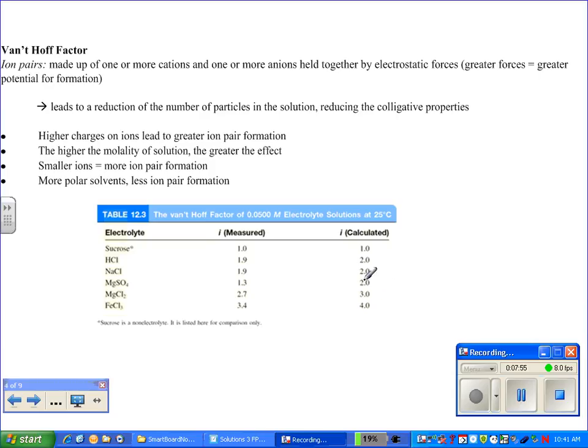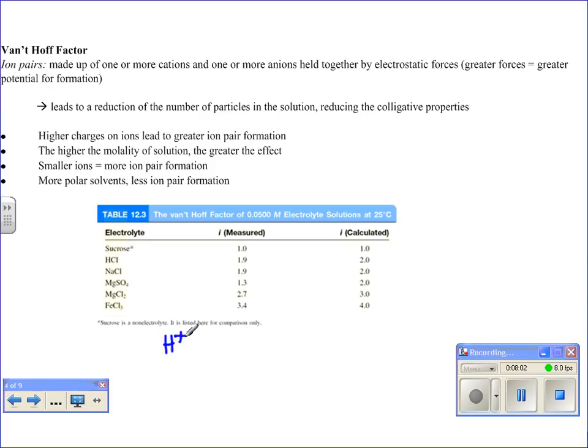Although we think of hydrochloric acid as dissolving in water and breaking up completely into H+ and Cl-, it is possible in that solution that a cation and an anion will be attracted to one another and form what's called an ion pair. And so rather than acting as 2 solute particles in the solution, they're only going to act as 1.